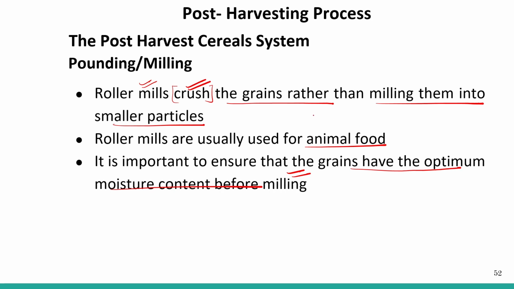The crushing of the grain in the roller mill is done with the help of the moisture content of the seeds. So sometimes the seeds are soaked before going for grinding in the roller mills, and that is also required for the animal food. So basically this roller mill is used for preparing animal food.